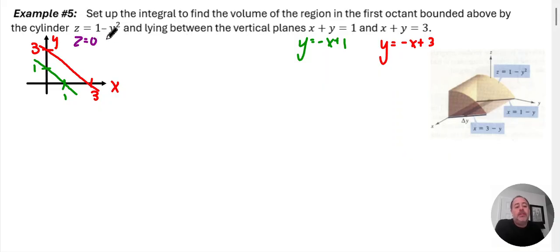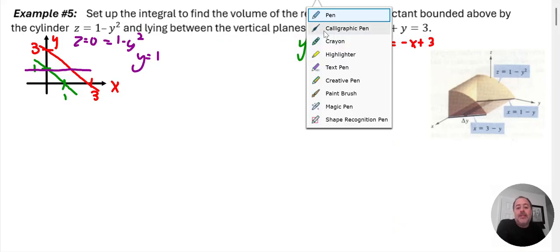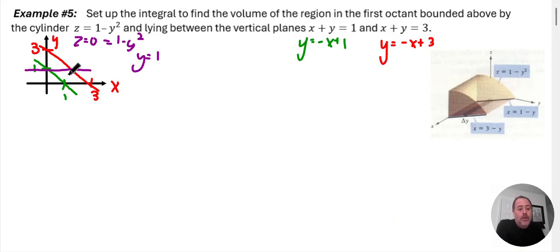When z is 0, we get 1 minus y squared equals 0, therefore y is equal to positive and negative 1. So we also want to look at y equals 1. Since it's in the first octant, we are just looking at this region right here. That's really important when we start setting up this triple integral.